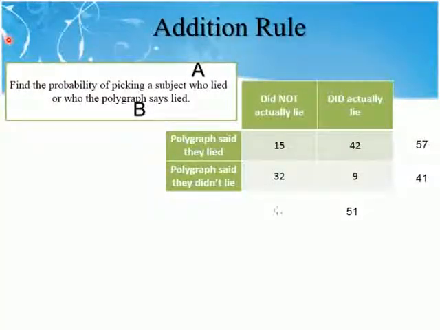Now let me add up the rest of these columns just for the sake of completeness, but also it'll help calculate how many people were surveyed altogether. For example, if I want to know how many people are in here, I can just add up the two rows of people, meaning I can add up 57 and 41, or I could add up the two columns of people, 47 and 58. In either case, we're going to get 98 people surveyed.